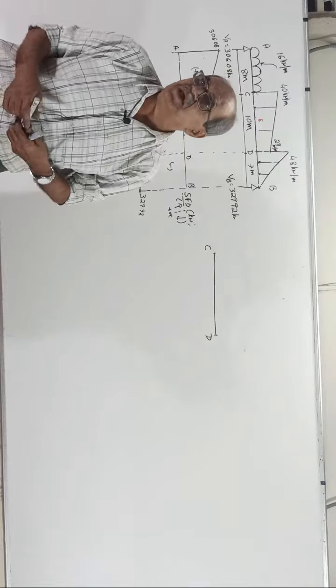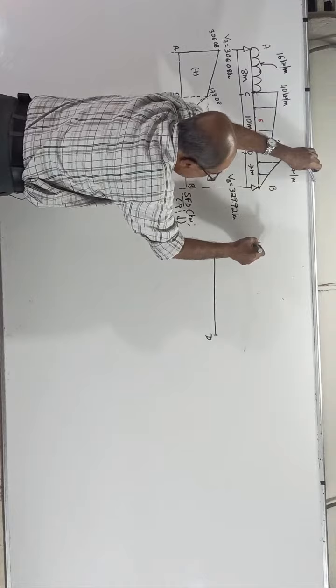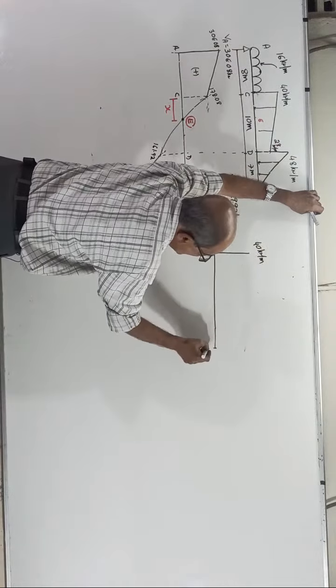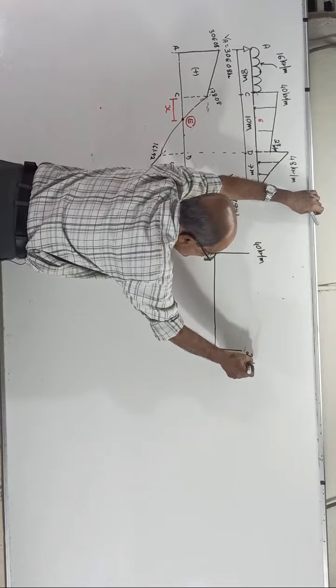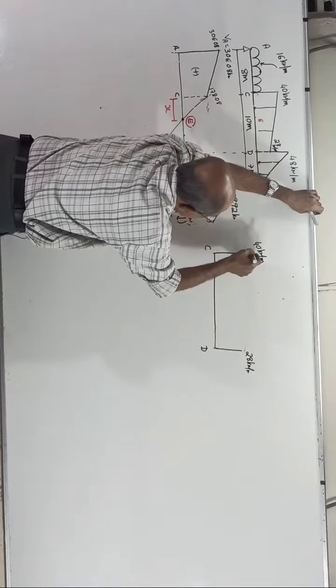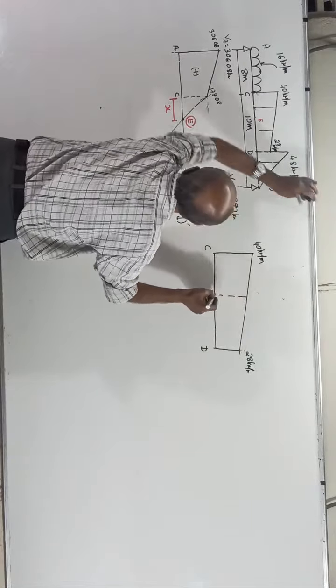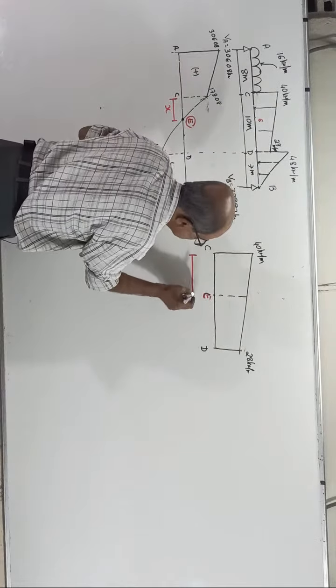Entire structural engineering basics. So see, the intensity is 40 kilonewton per meter here, and here the intensity is 28 kilonewton per meter, joined by a straight line. Now, there is a point here, that is called E. I am taking X from here.